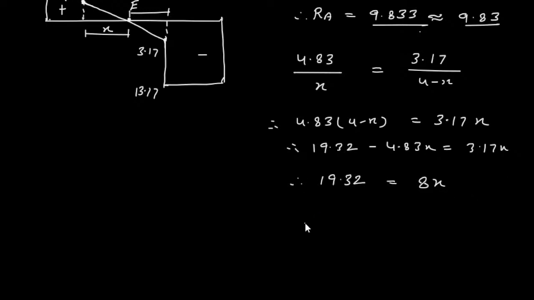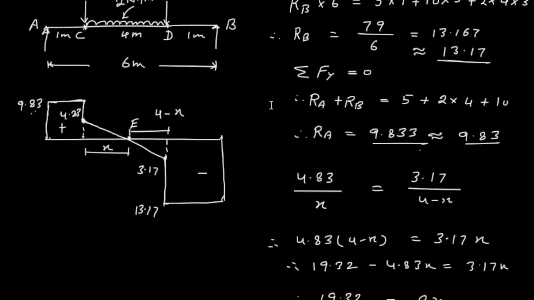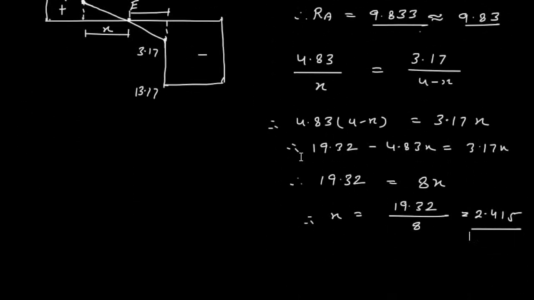Therefore the value of x is 19.32 divided by 8, which will give me 2.415. So 2.415 is this length x. The value of x we will keep in our mind. This is the calculation related to the S.F.D.